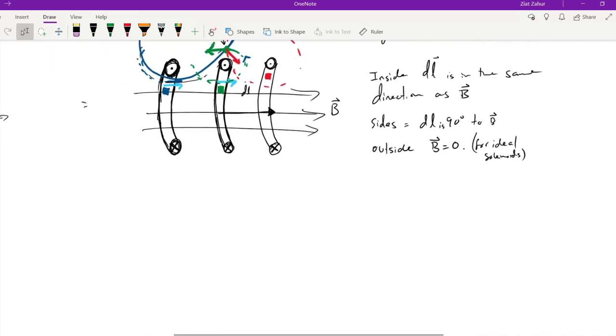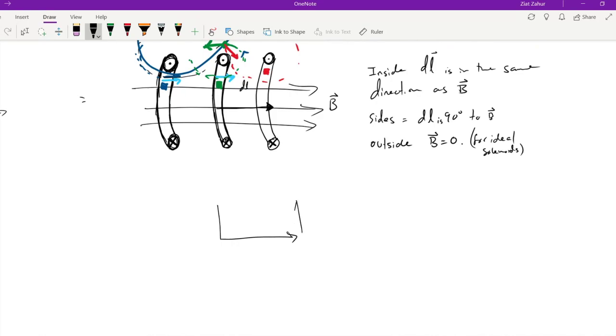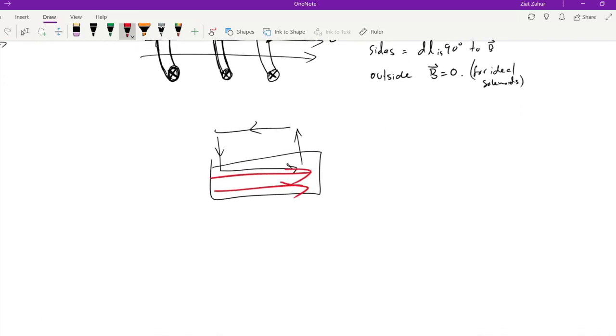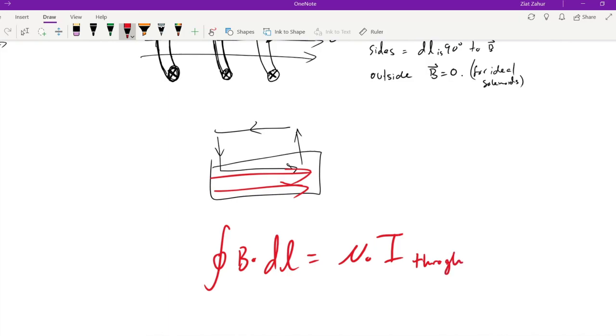So now we can go back to our DL. The only thing we have to worry about is the bottom of the DL here, because that's where the magnetic field is in the same direction. And we're going to go ahead and use Ampere's Law. What is Ampere's Law? Can someone tell us? Ampere's Law is the closed loop integral of B dot, it's a dot product, DL, equal to mu naught times I through, or, you know, this is another way of saying like Q enclosed.